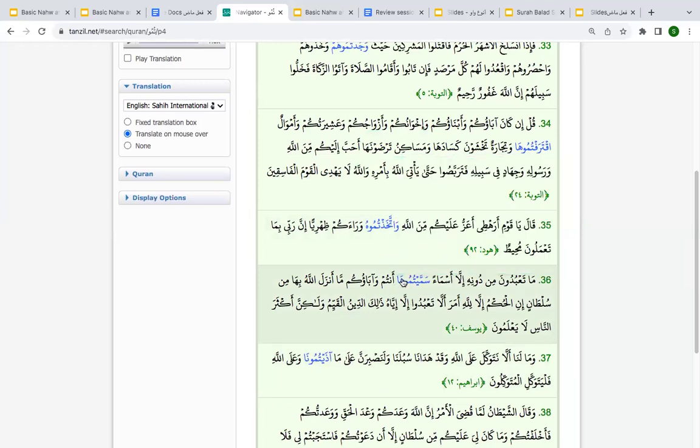Whenever سميتم has the attached pronoun ha, it will have waw for the ease of flow inserted in between the two words.